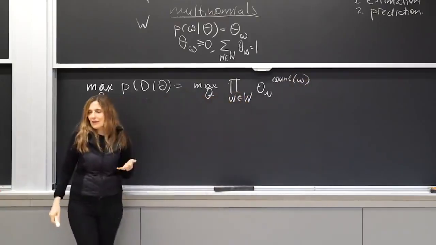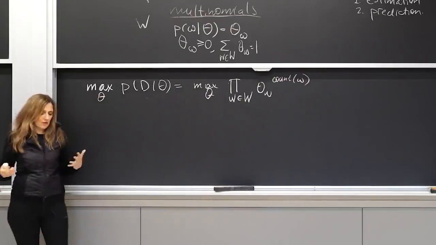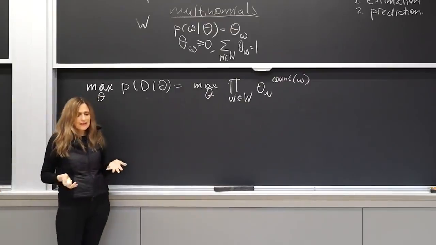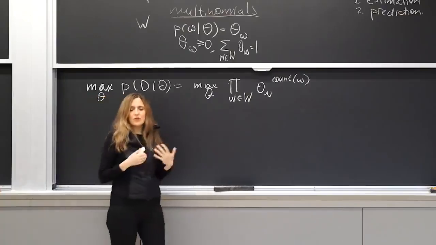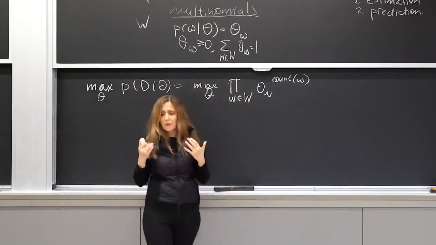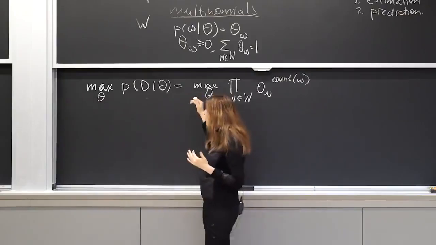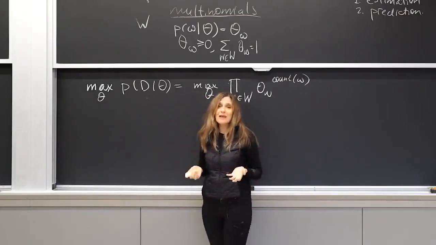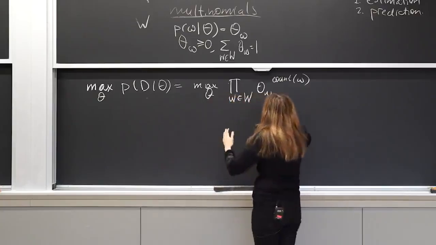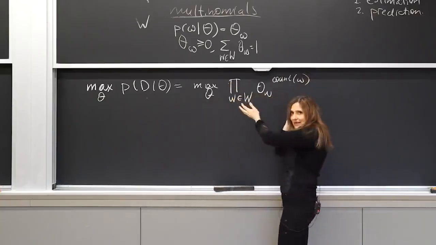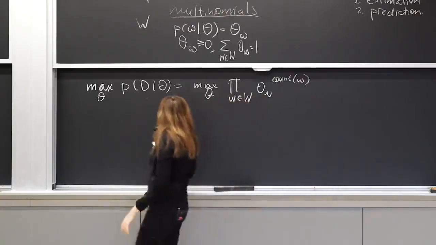So it turns out, and you will see it, both in the lecture and in the exercises, that it's easier for us to do this maximization, to find the best thetas, that instead of working with this expression directly, we would actually maximize the log, and we can do it, correct? So what we will need to do is to take the log of this expression. So let's write it down.